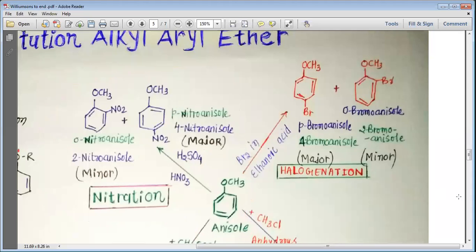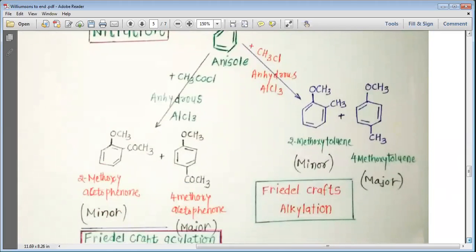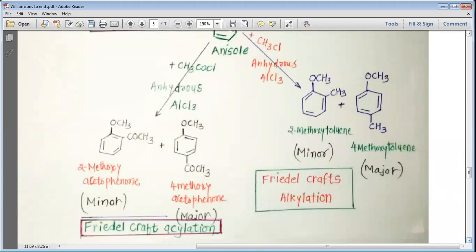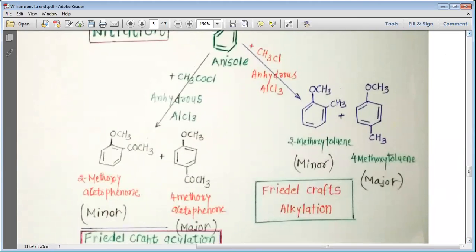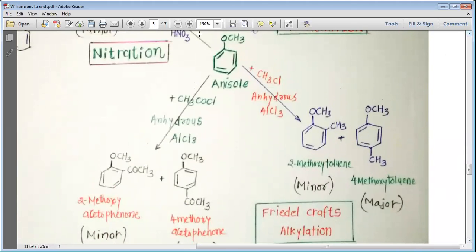Now, we will study the other reactions of anisole. First, we are going to study the Friedel-Crafts alkylation, and then the Friedel-Crafts acylation.